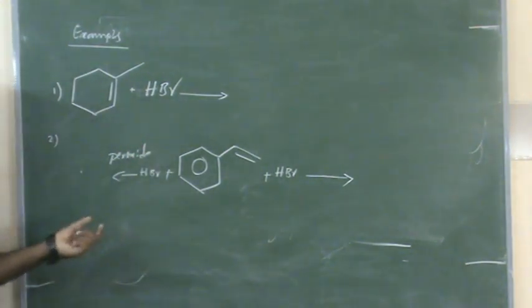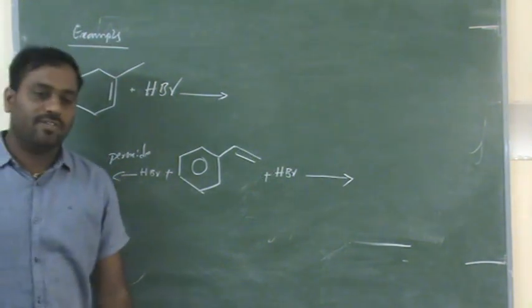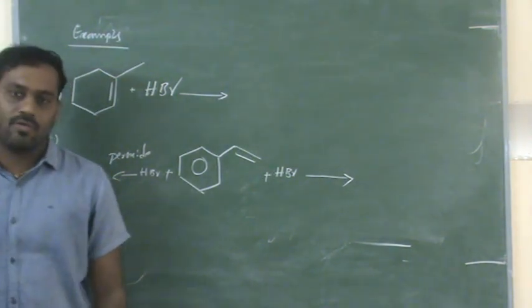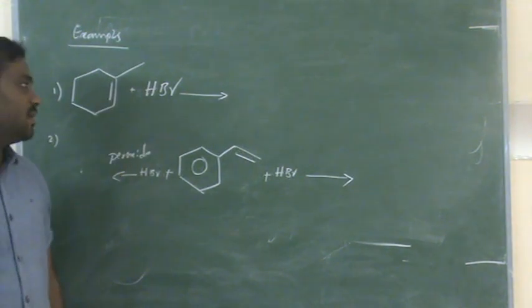Let us go through these two examples, then you can understand the applications of Markovnikov rule and anti-Markovnikov rule. Can you answer now here?